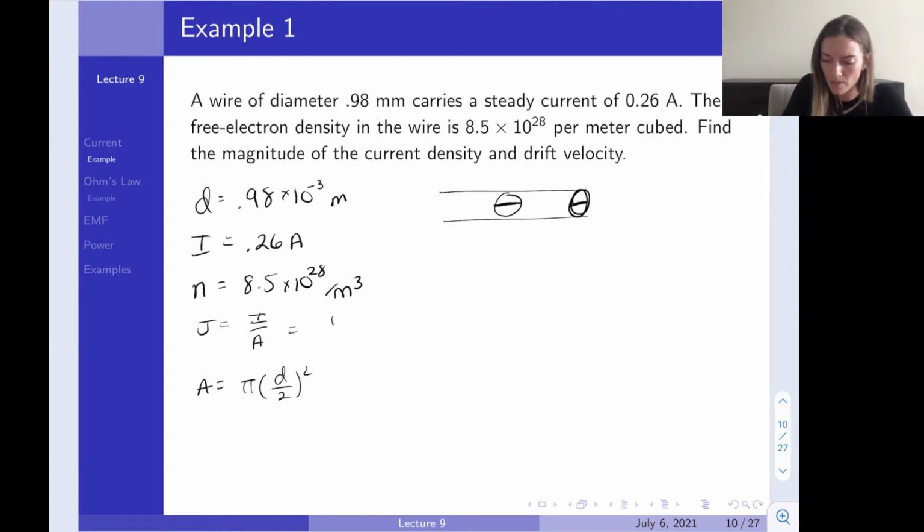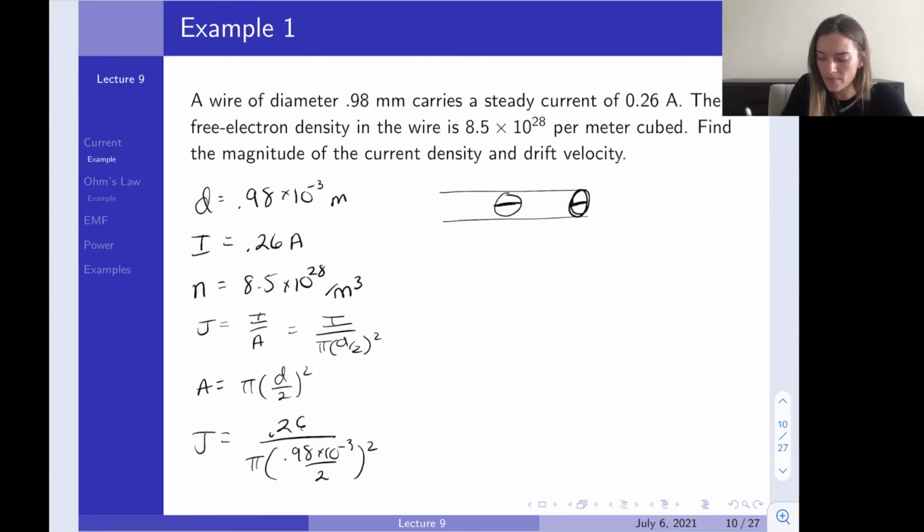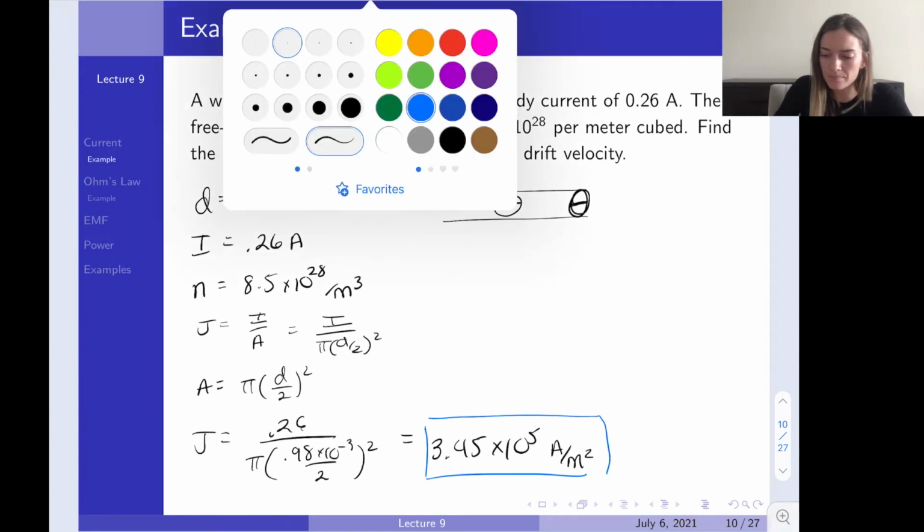So J will just be equal to the current divided by pi times diameter over 2 squared. So that comes out to 0.26 amps, then we've got pi, we've got 0.98 times 10 to the negative 3 over 2, and then we square all that. And that number comes out to 3.45 times 10 to the 5 amps per meter squared. So this is our current density.